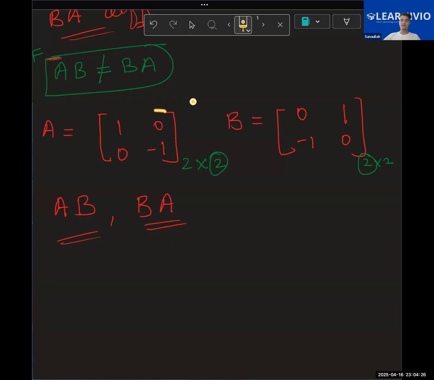For the first element, what you should do, take this row and this column, multiply this element by 0, this element by minus 1, and add. ये करोगे तो आपको पहला एलिमेंट मिल जाएगा. For the second element, you should take this row and this column. Understood? ऐसे करके AB फाइंड करो और BA भी फाइंड करो.